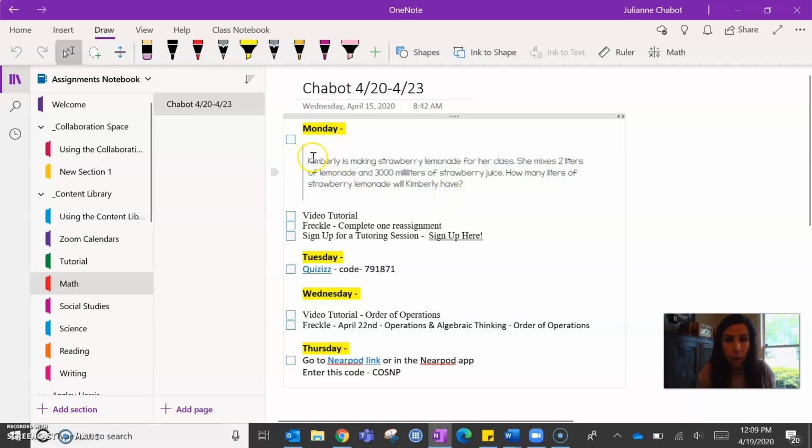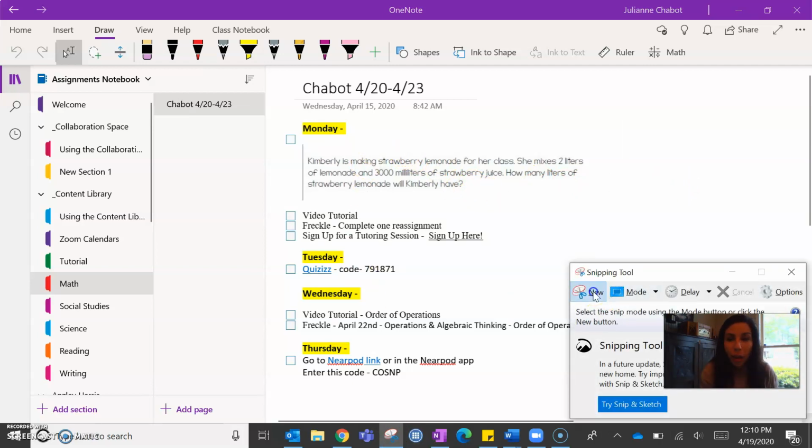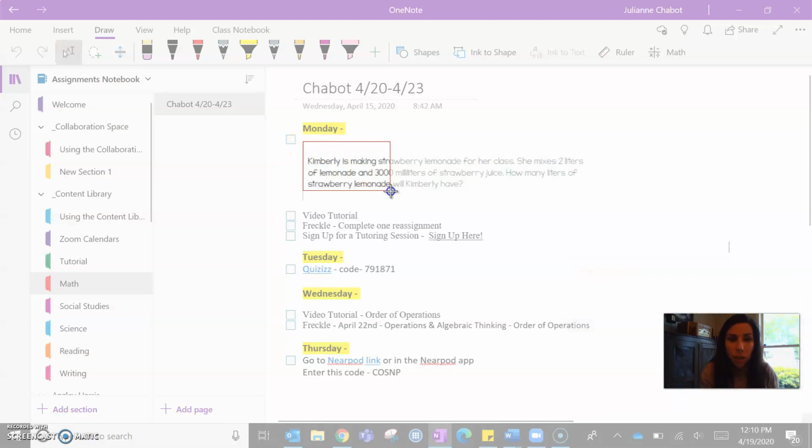So let's look at this problem right here. Kimberly is making strawberry lemonade for her class. She mixes 2 liters of lemonade and 3,000 milliliters of strawberry juice. How many liters of strawberry lemonade will Kimberly have? Okay, so first of all, let's think about the fact that we are trying to get an answer in liters.